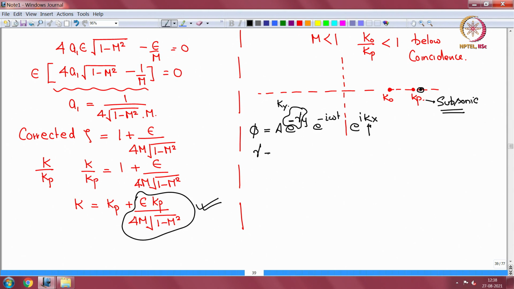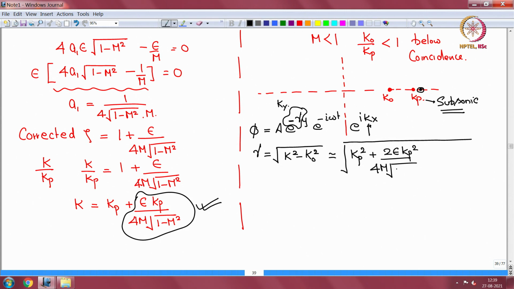So gamma is equal to square root of k squared minus k0 squared, which is approximately equal to, substituting my newfound k value, kp squared, and I will just take the coupling term, which is plus twice epsilon kp squared by 4m root over 1 minus m squared, minus k0 squared.